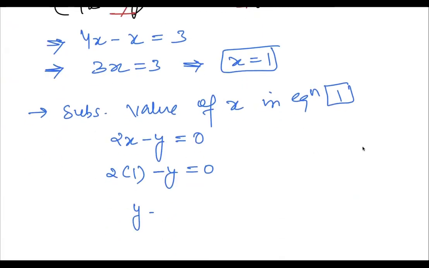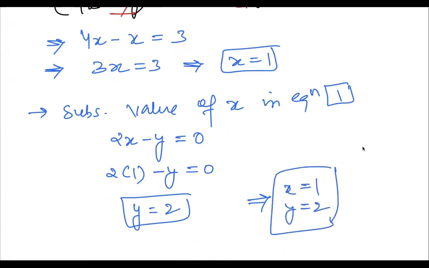Can I write y is equal to 2? So essentially the value of x is 1 and y is 2, which is what we got in the substitution method. In the elimination method, we are trying to eliminate either x or y. Is this clear? Please tell me, is this clear?